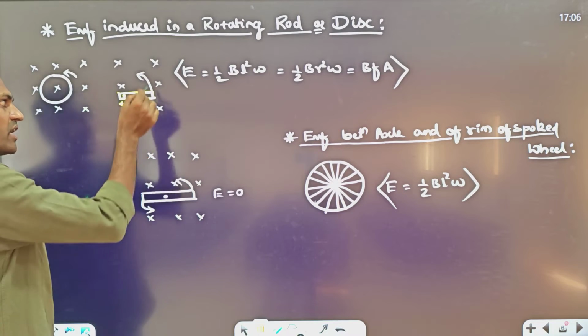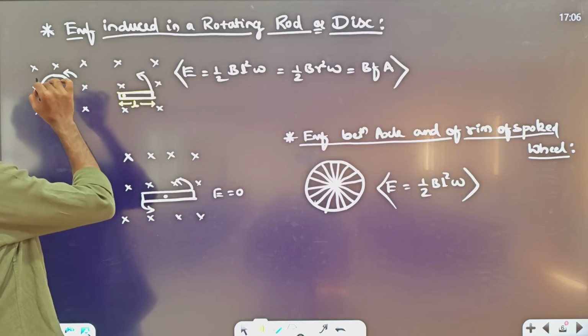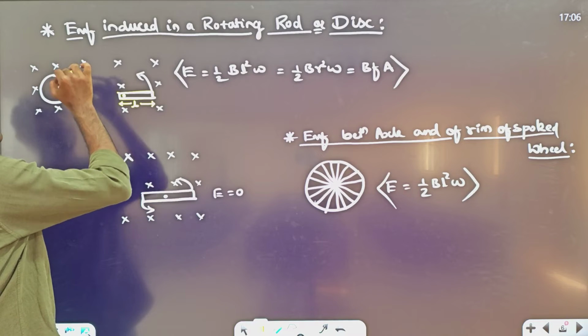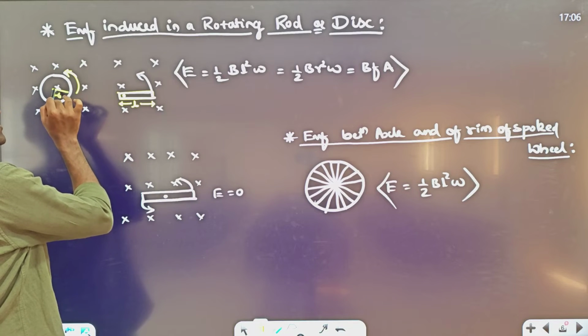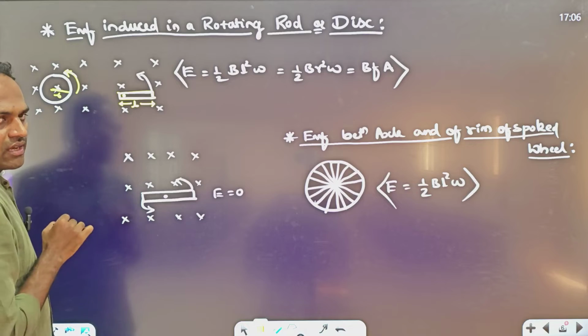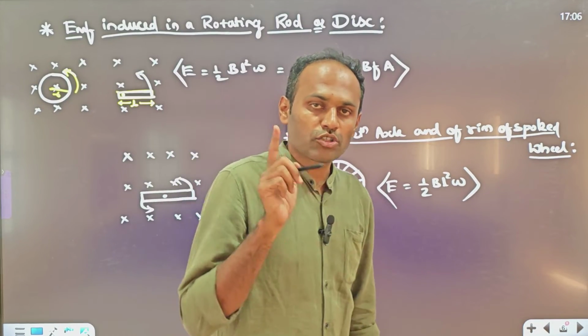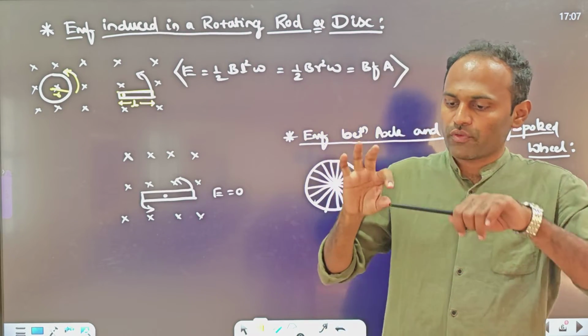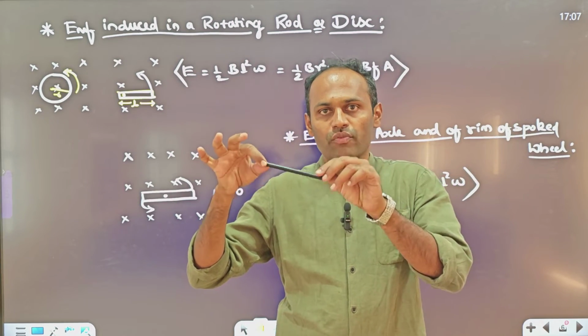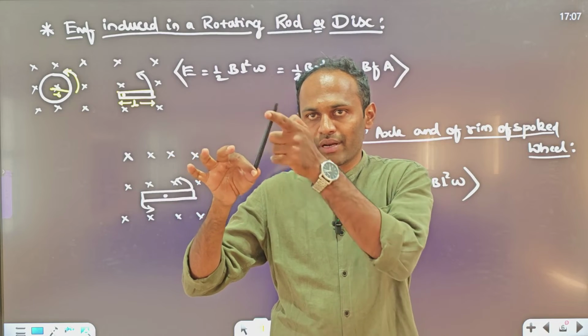Correct? So if it is rotating like this, or here we have taken a full disc, a disc means like a plate, and if it is rotating, the radius of the disc is R and this is rotating, then EMF induced in this rotating disc and rotating rod. Rod should be rotating in such a way that the axis of rotation should be at one end, right? It should be like this.